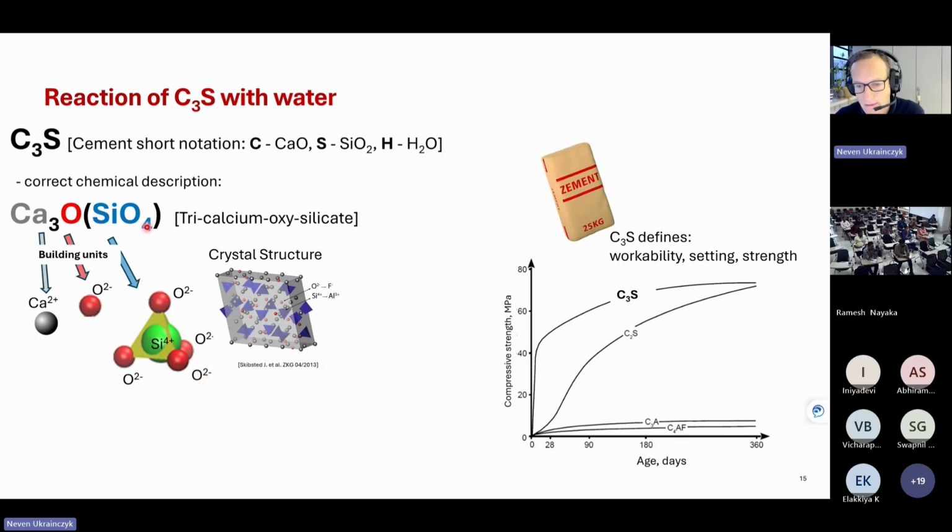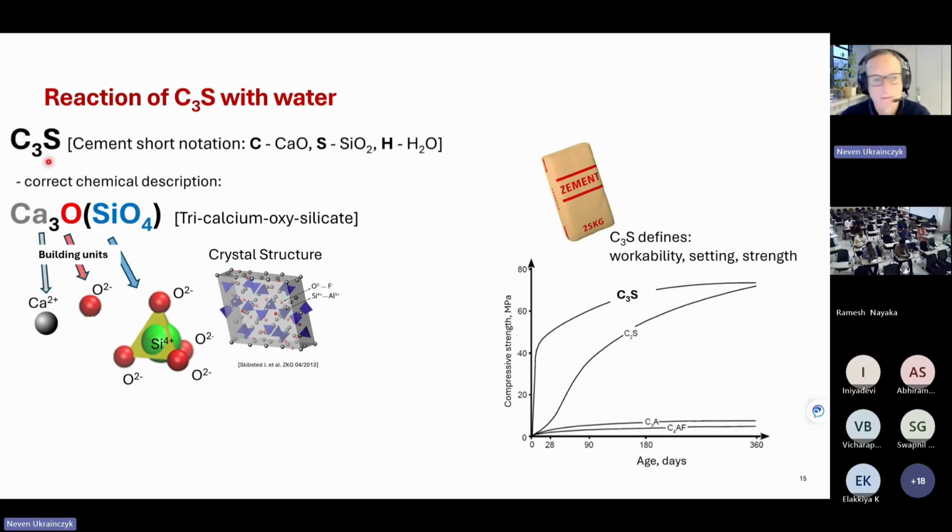That's why you can see the building unit directly in the formula. You have the calcium, and you also have the free oxygen inside. This free oxygen makes the C3S very reactive. So if you want a real chemist notation, this would be the best way to represent it.